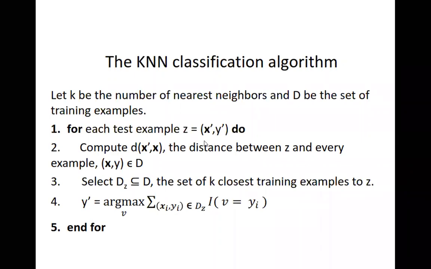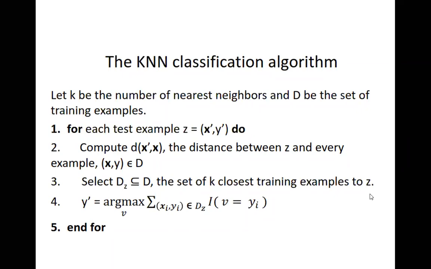We have to compute the distance X dash to X for all the examples. We compute the distance between Z and every example in D, and then select D subscript Z, which is a subset of D, the set of K closest training examples to Z.